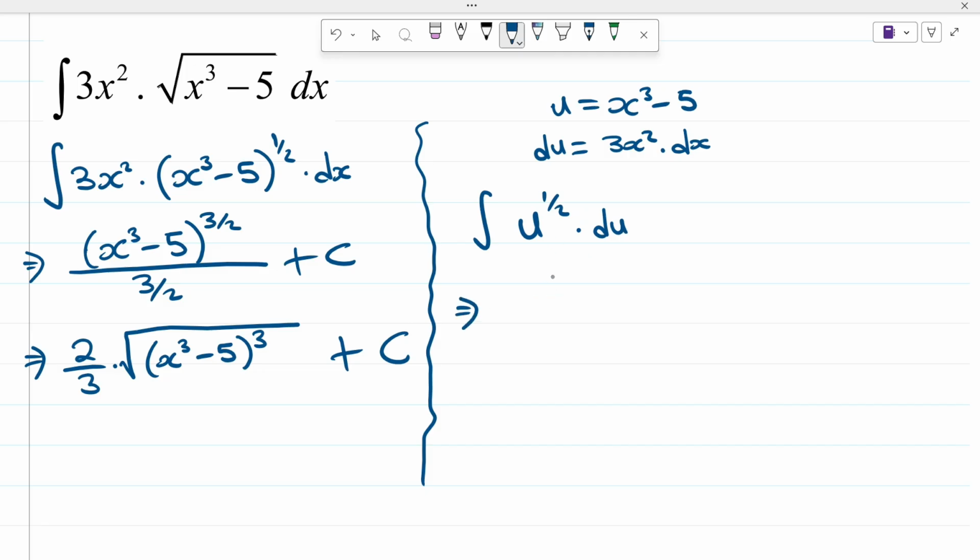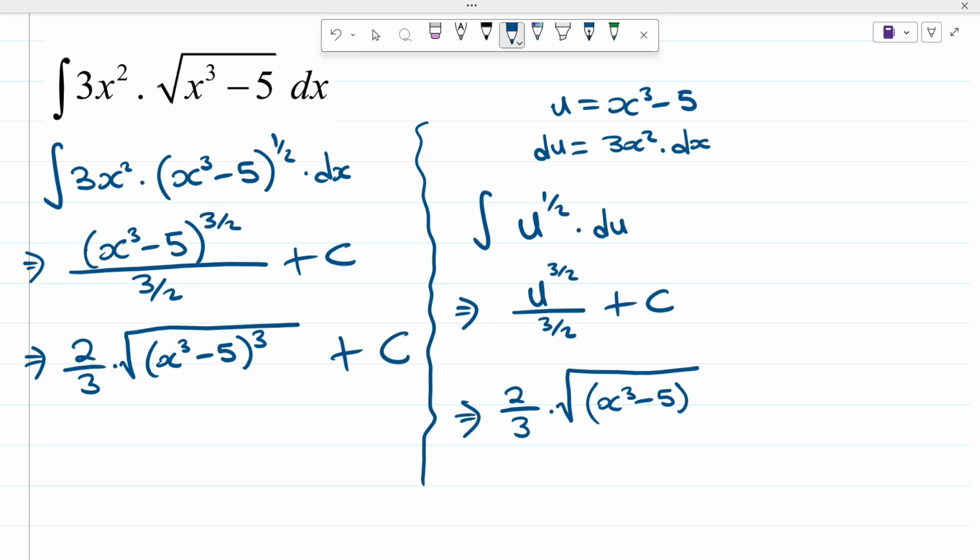When you integrate that with respect to u, that's just going to be u to the power 3 over 2 divided by 3 over 2 plus c, and then you substitute back your u. So when we substitute back our u, we're going to get 2 over 3 multiplied by the square root of x cubed minus 5 to the power 3, then plus c.